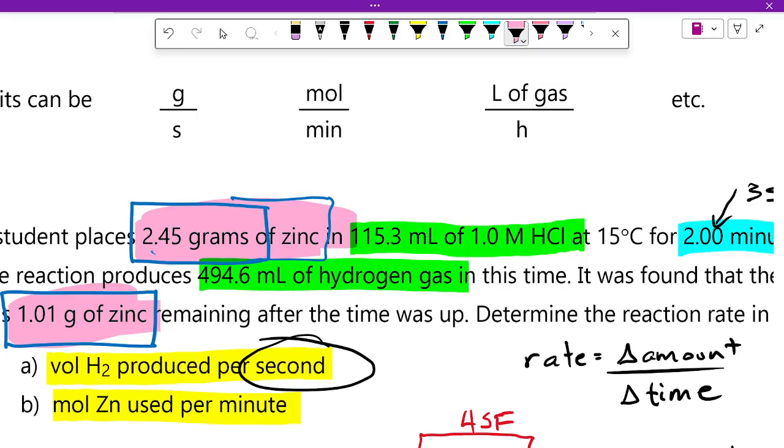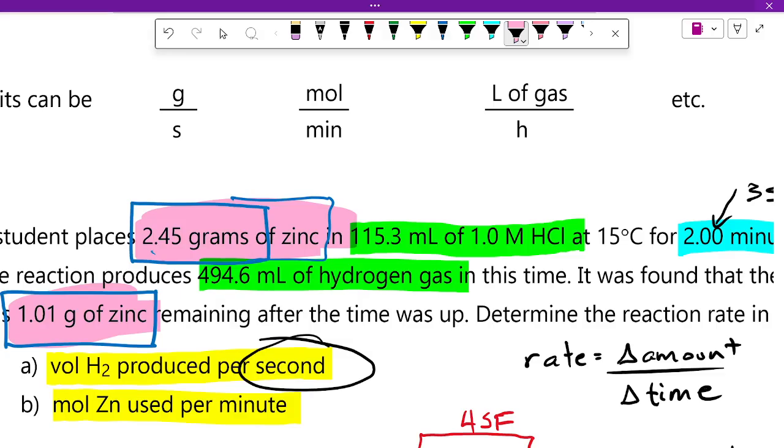So we can use this to find this one. Well, we can't just plug in 1.1 divided by 2. We have to subtract this by that. Oh, yeah, because that's your final mass. That's not how much was used up. But how do we know this? You read the question carefully. For the hydrogen, how much is used up? Because it says it produces that much hydrogen.